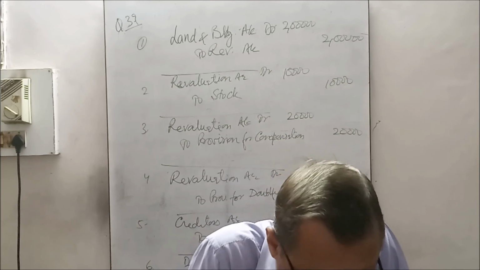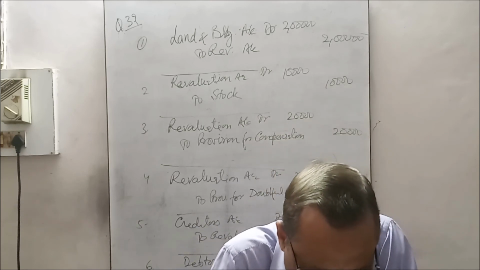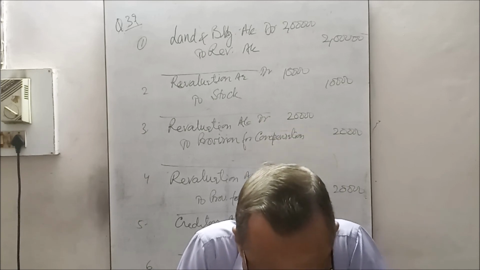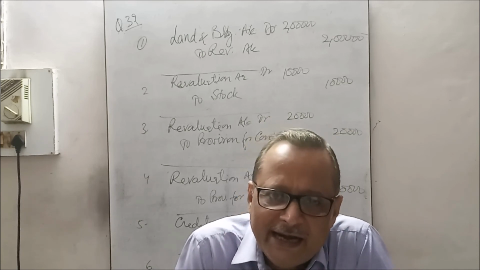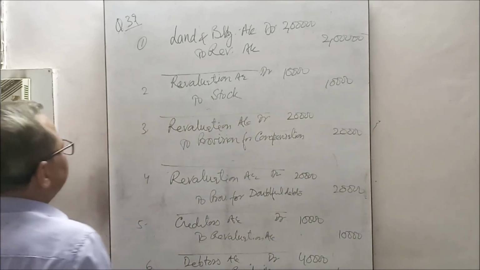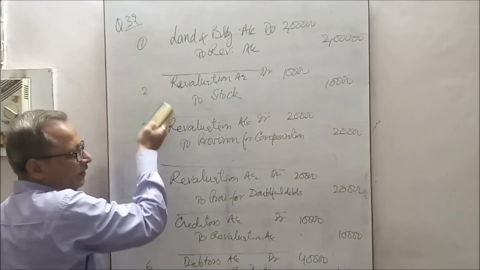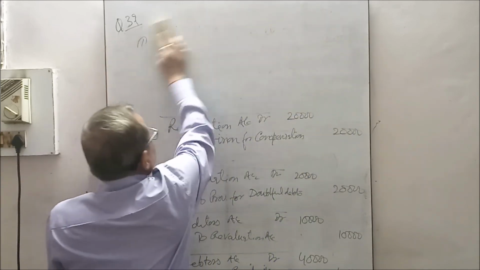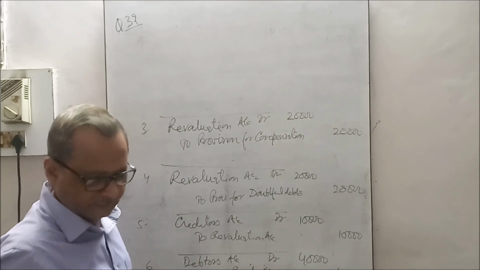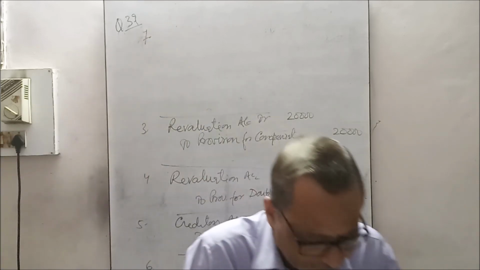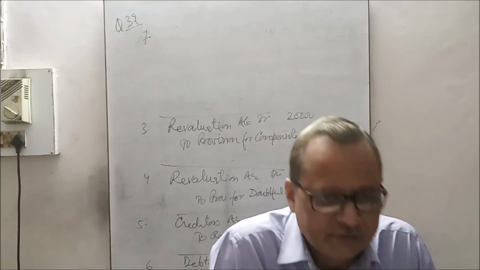Now next is value of machinery is to be decreased to 1,20,000. Book value is given as 2 lakhs. Then 80,000 will be reduced. This is the 7th entry. Machinery decreased to 120.